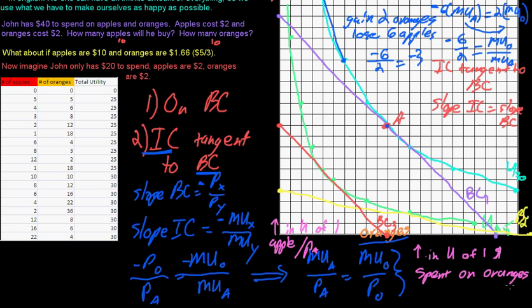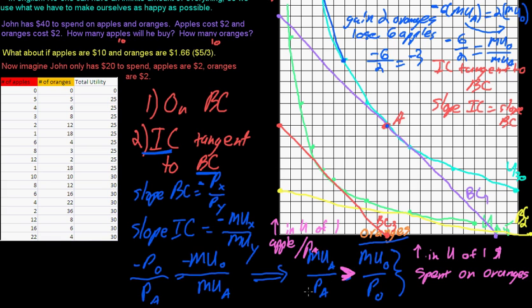And so what this is saying is that the amount of happiness you get per dollar for apples has to be equal to the amount of happiness you get for oranges. If it wasn't, let's say that you were happier spending money on apples than you were on oranges, and so we had the marginal utility of apples over the price of apples greater than the marginal utility of oranges over the price of oranges, then you should spend more money on apples.